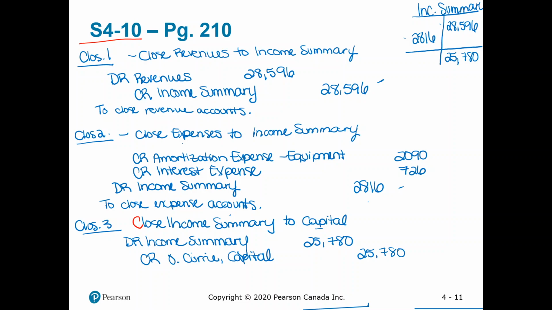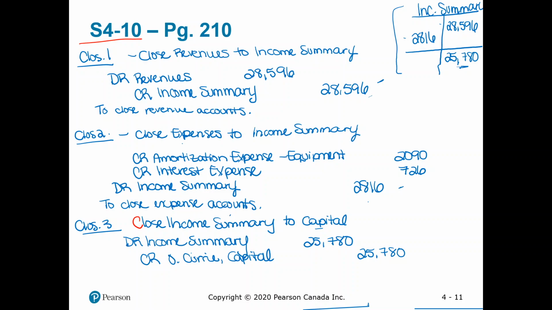Now, back on the earlier slides in the first video, I talked about when we're left with a credit balance in income summary. So that's what we've got here. Once we posted closing entry 1 and 2, we have a credit balance in income summary that needs to be closed. And that represents the net income of this company. So the revenues that we closed totaled $28,596. When we closed those, we needed to credit income summary.